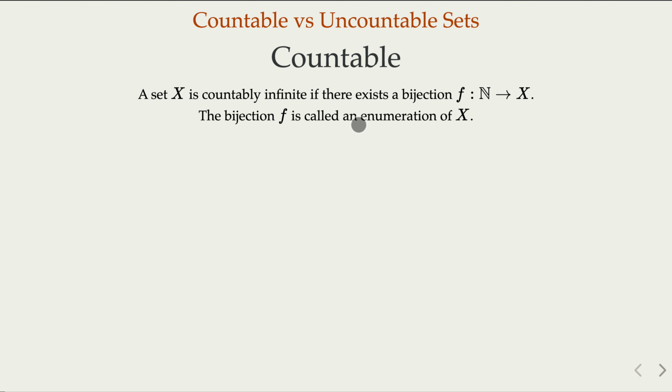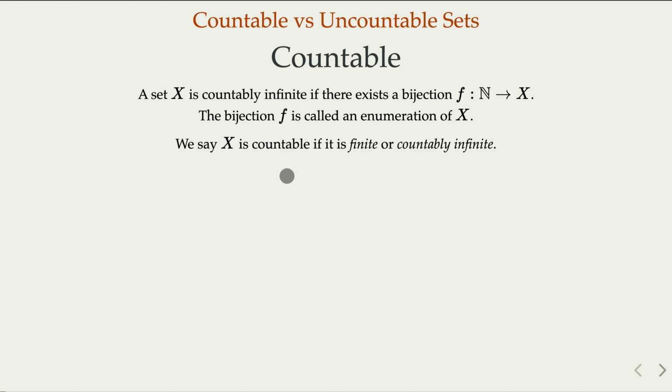When we deal with a finite set, it's always countable, right? So we say the set X is countable if it is either finite or countably infinite, that is, it has this bijection here.